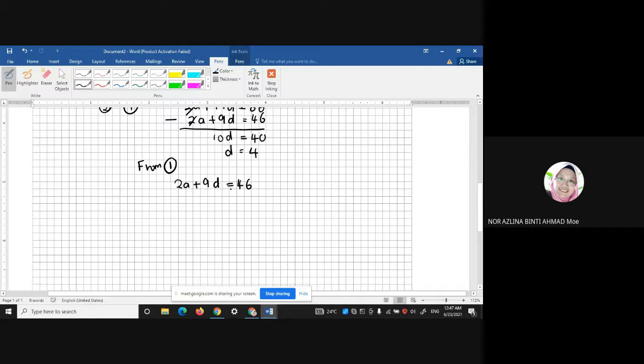To find A, I substitute the value of D. This is minus and this is 36. This is 10 to A. So A equals 10 divided by 2. The answer is 5. So final answer you write A equal to 5 and D equal to 4.